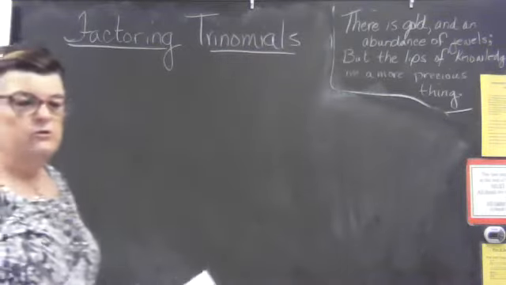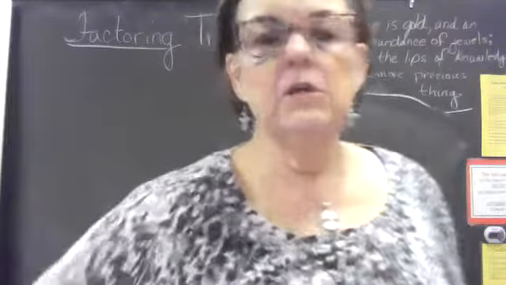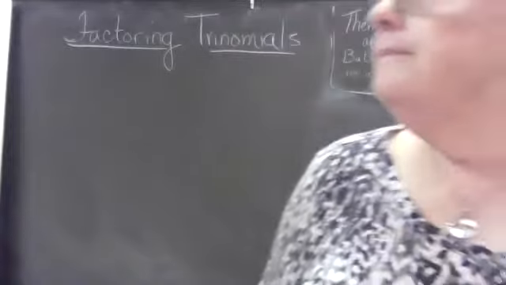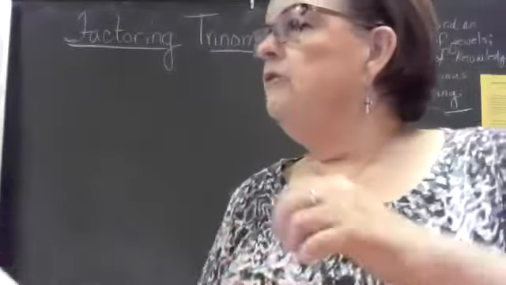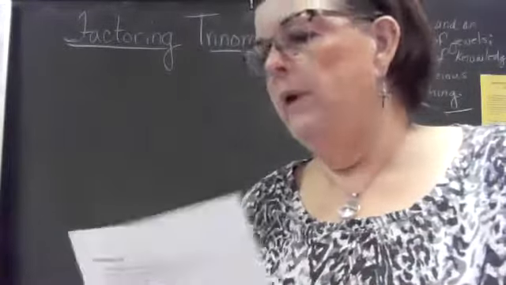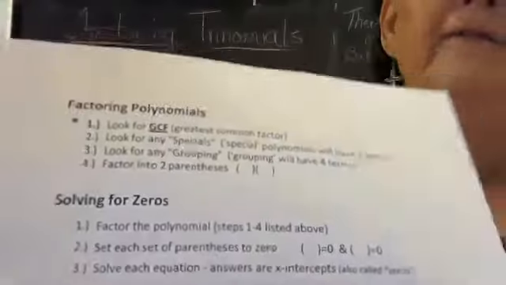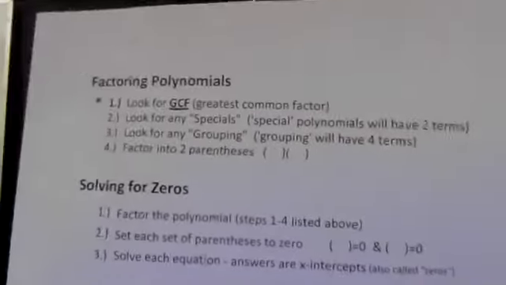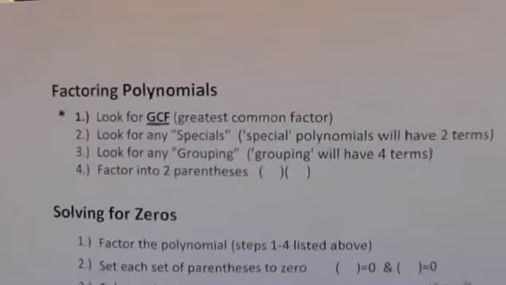Okay, today we're going to factor trinomials. Yesterday we found greatest common factors, and the greatest common factor is your very first step always. In fact, you should have this in your email. This is a step-by-step about factoring polynomials.